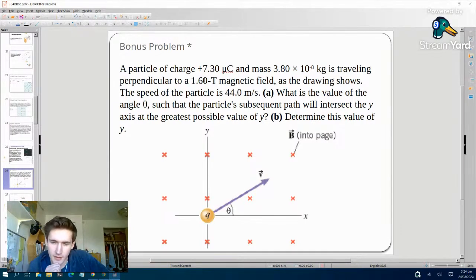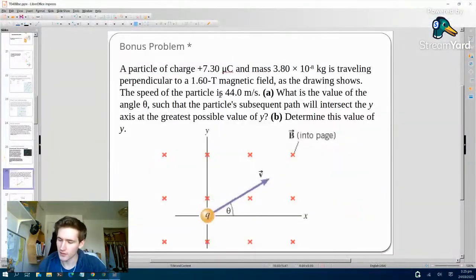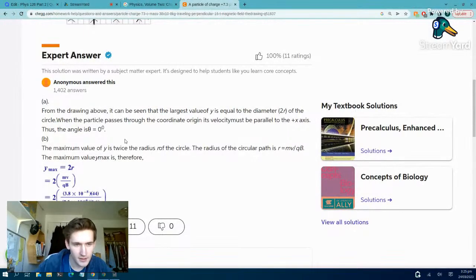It would be the opposite over the hypotenuse. But we're just finding the vertical component of the velocity.